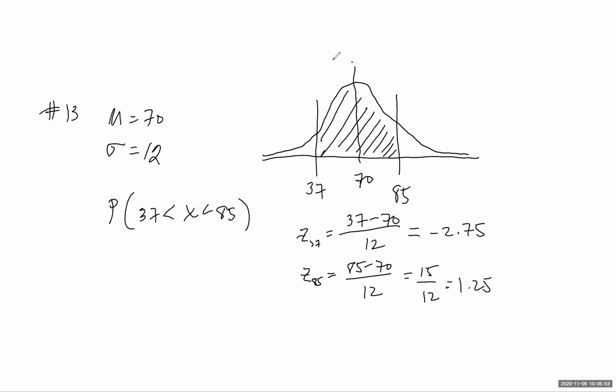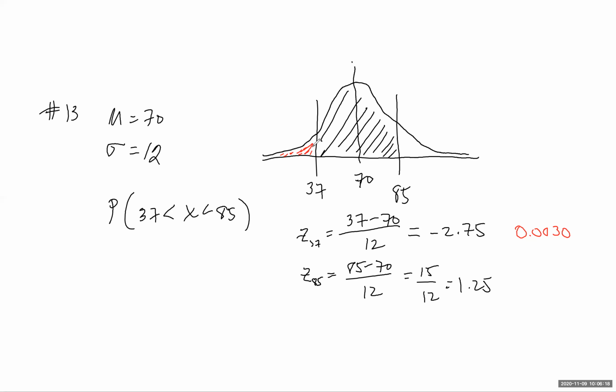Negative 2.75. I go down to negative 2.7 and over to 0.5, and I get 0.0030. So that is the area to the left of negative 2.75, which is actually this area over here.